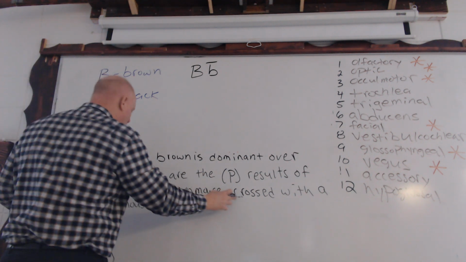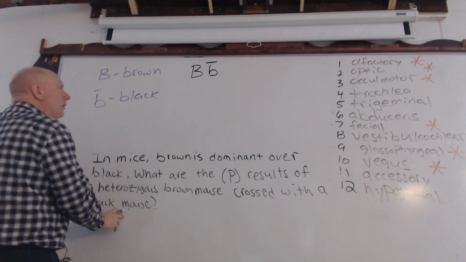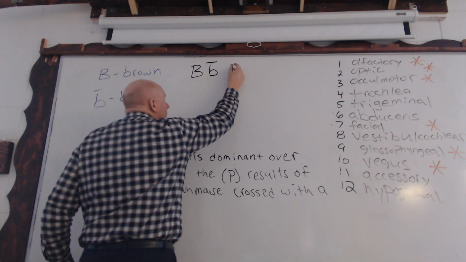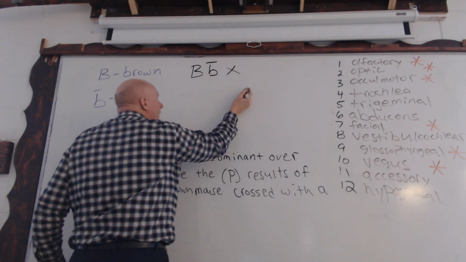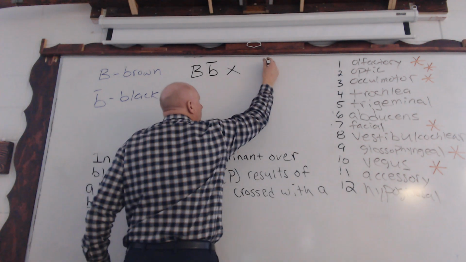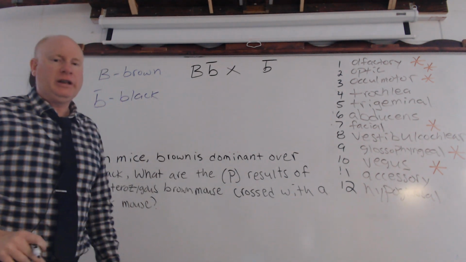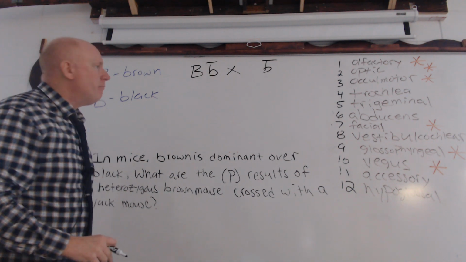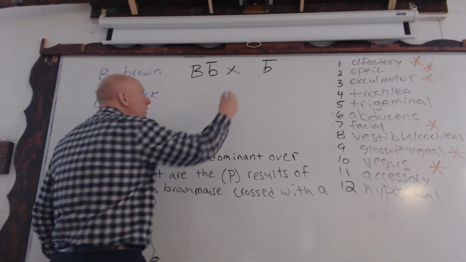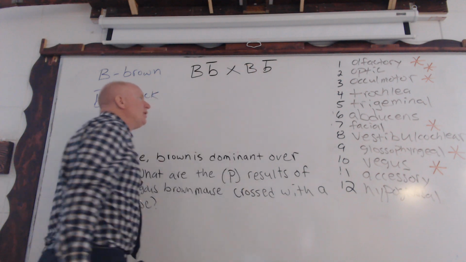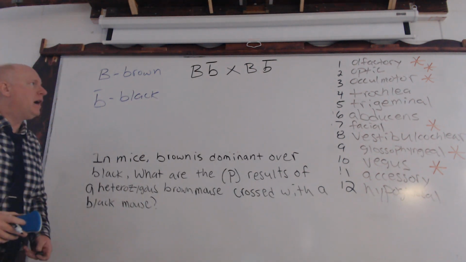Then it says it's crossed with a black mouse. And the only way that we can have a black mouse, you could say, well, just as long as that recessive trait or recessive allele is present, that maybe results in a black mouse. Well, if we do this, then we would still have a brown colored mouse.